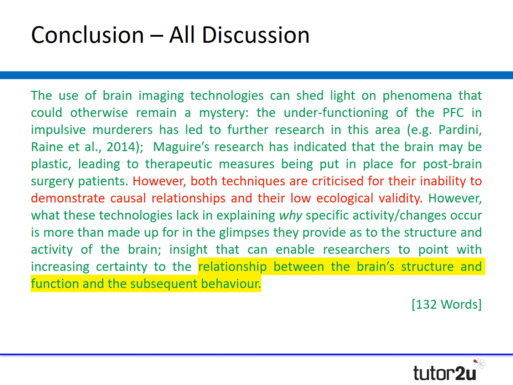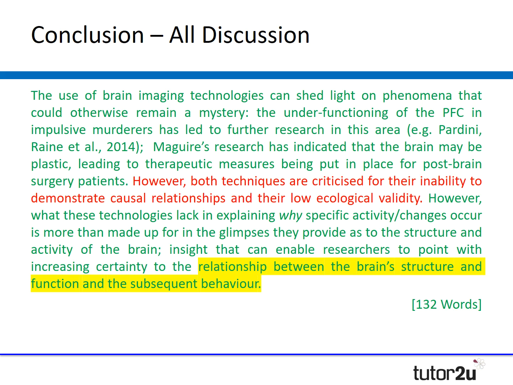So I've said the use of brain imaging technology can actually shed light on phenomena that could otherwise remain a mystery. For example, the underfunctioning of the prefrontal cortex in impulsive murderers has led to further research in this area, and that of course is a good thing. Furthermore, Maguire's research has indicated that the brain may be plastic, leading to therapeutic measures being put in place for post-brain surgery patients. I'm trying to keep a bit of balance here. However, both techniques are criticised for their inability to demonstrate causal relationships and their poor ecological validity.